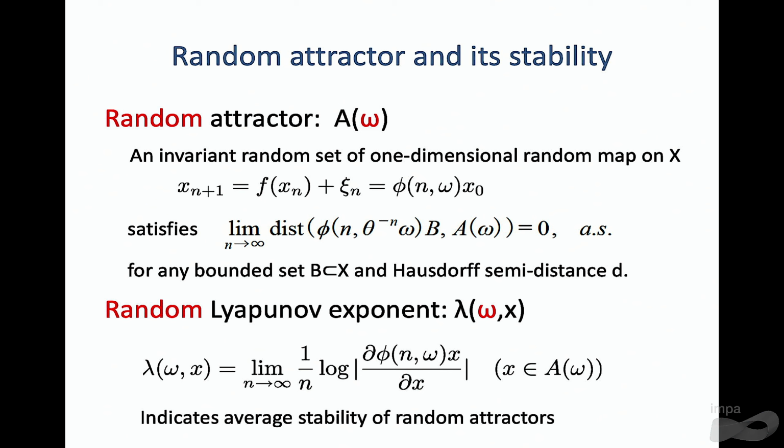But if omega is a random variable, the attractor and Lyapunov exponent are themselves random variables. The statistics is a random variable. It's like a meta structure. But in a nice case, this Lyapunov exponent converges to one fixed value, and we can use that to discuss the average stability of a random attractor.